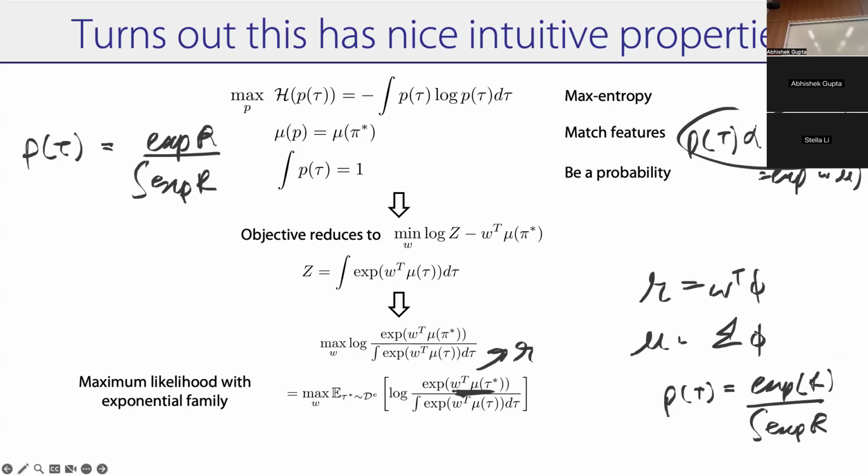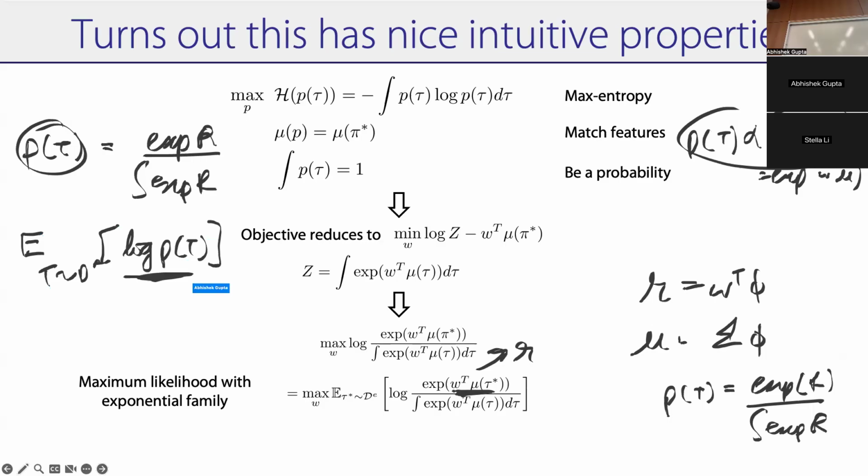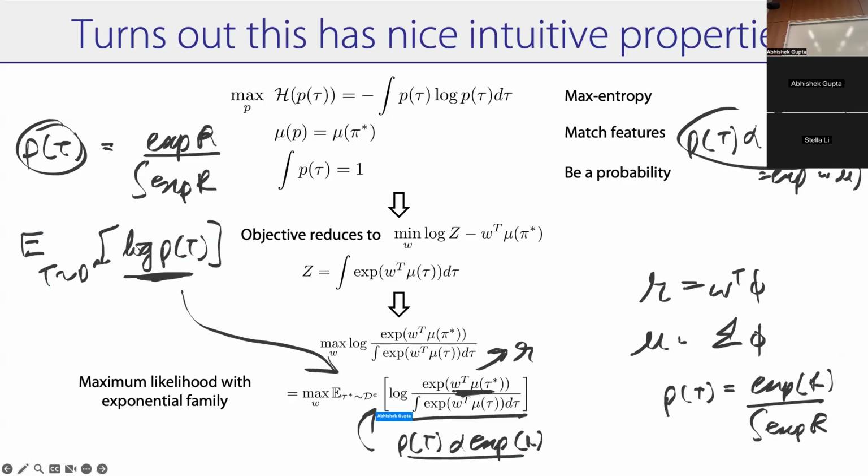You sample trajectories from your demos, and if you do maximum likelihood with this, you get exactly the same objective. So we went through all of this algebra, but all it really comes down to is that my trajectory distribution is proportional to exp of the reward, and I'm just going to do maximum likelihood, just like I did for supervised learning.